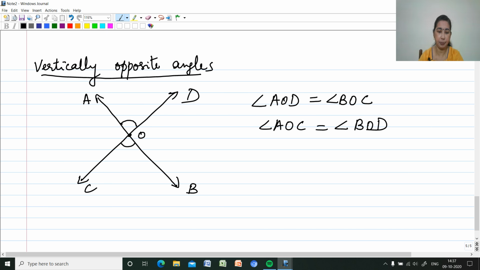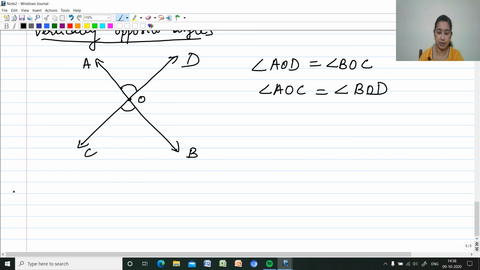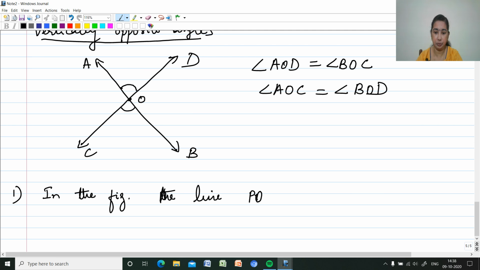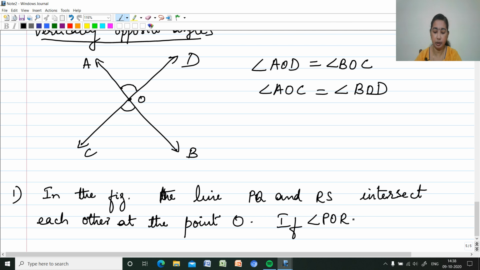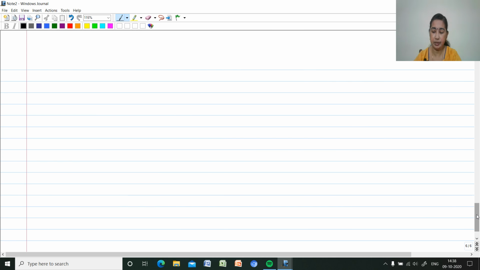Now we will move on to a few problems. First question: in the figure, the lines PQ and RS intersect each other at the point O. If angle POR to angle ROQ is 5:7, find the angles.